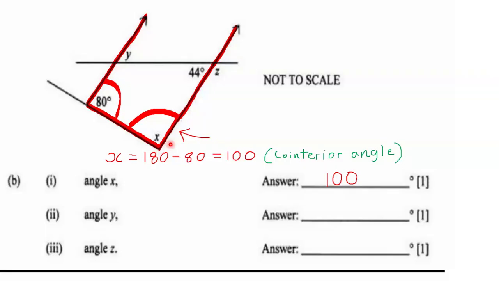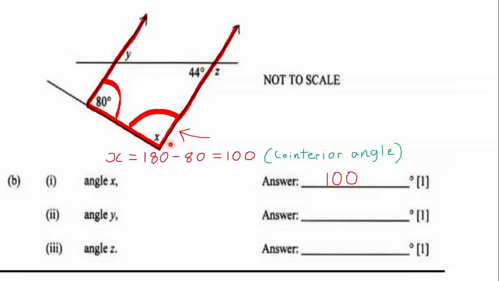And Israel, can you explain to me how I got 100? Since it's co-interior angles, they are equal to 180. So it would be 180 minus 80, and that would equal 100.